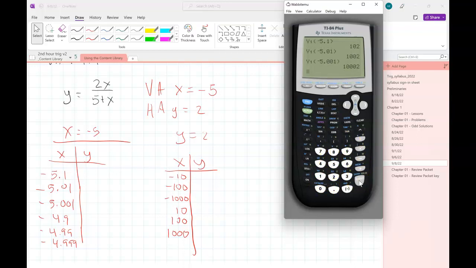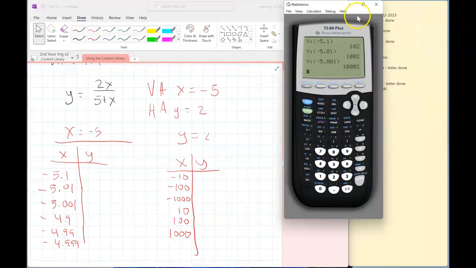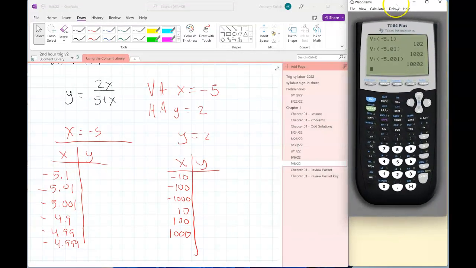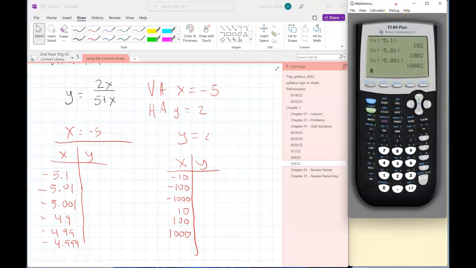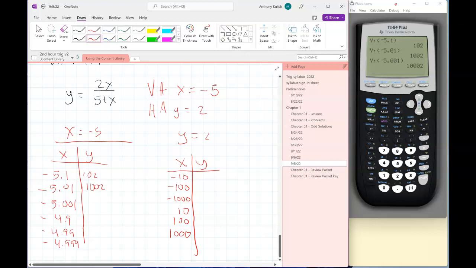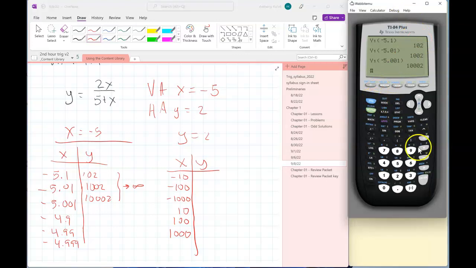So there's those. So I have 102, 1,002, and 10,002. To me, that looks like we're going to positive infinity because they just keep getting bigger and bigger and bigger.